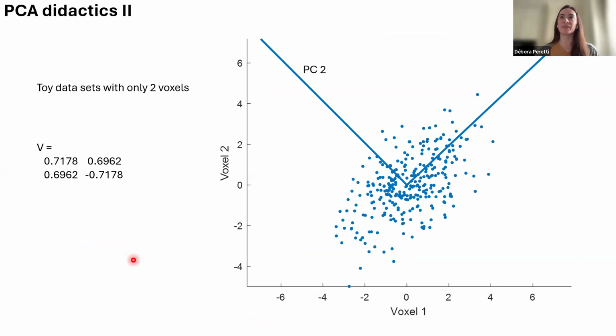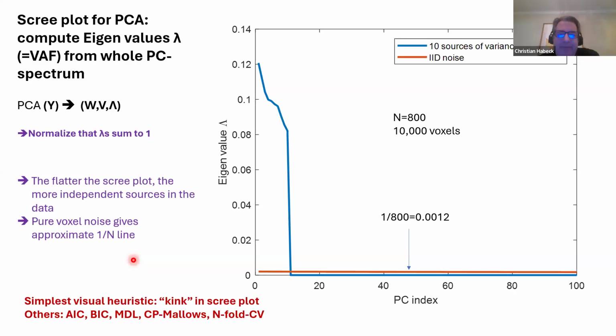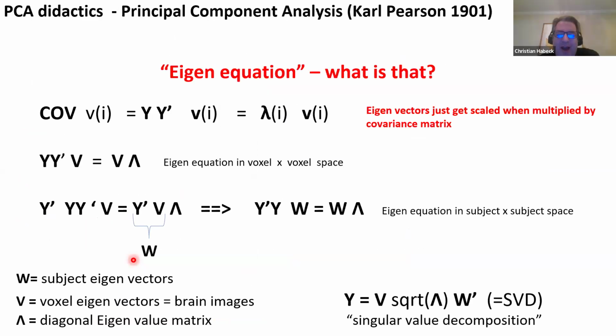We have one of the members ask if you could explain again the subject space part of the PCA. Let's try. Okay. So you see here, this is the eigenequation in the voxel space, right? So here the columns of V are really the eigenvectors in voxel space. They're real brain images. And here we have the diagonal matrix of eigenvalues.